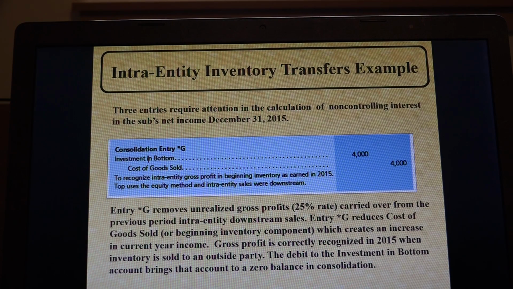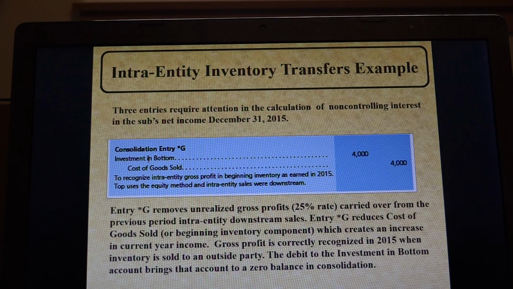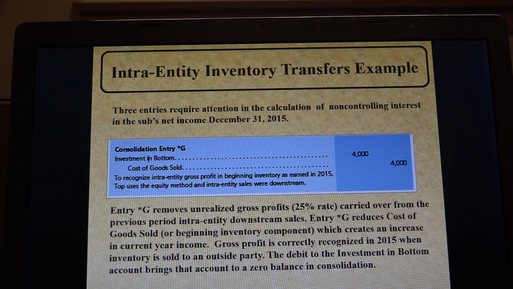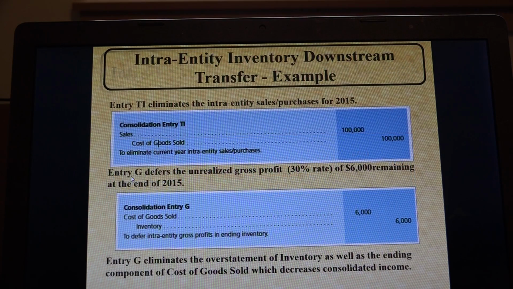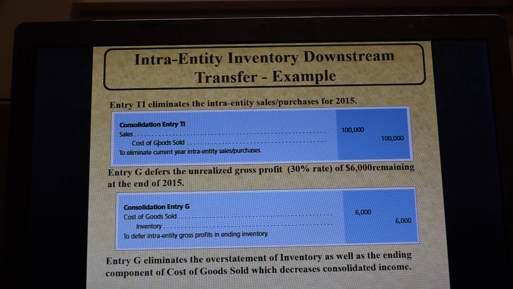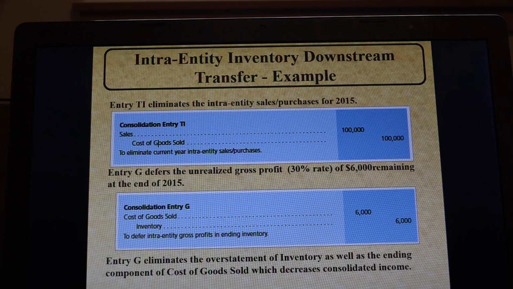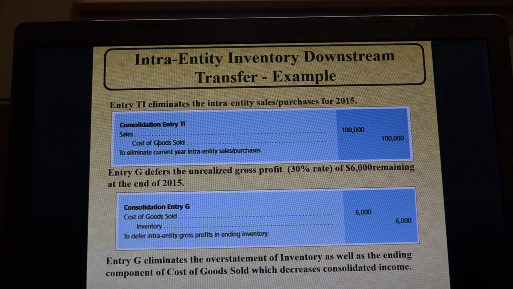And then we're increasing our profit by $4,000 by reducing cost of goods sold. And then we do our normal TI transfer to eliminate sales and cost of goods sold.